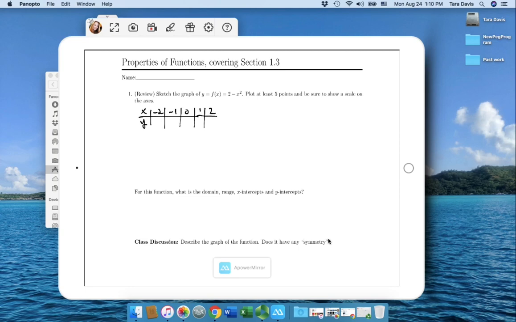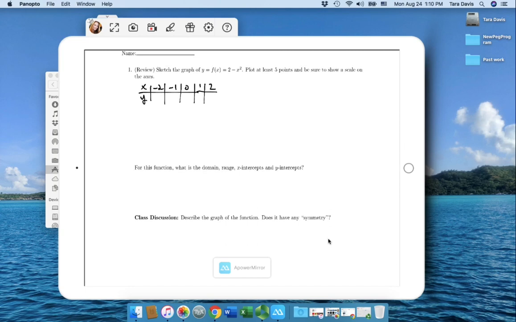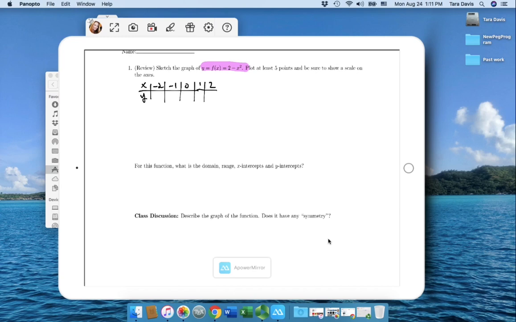And then for each point, I'll be plugging it in to the equation that we're given. So when I'm going to find y for x equals -2, that means I'm going to find f of -2, which is 2 minus -2 squared.